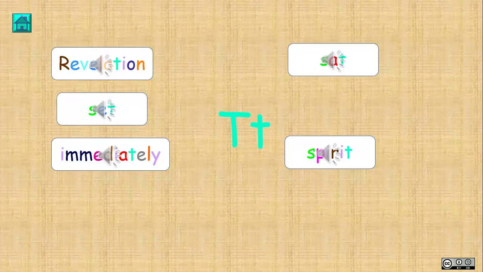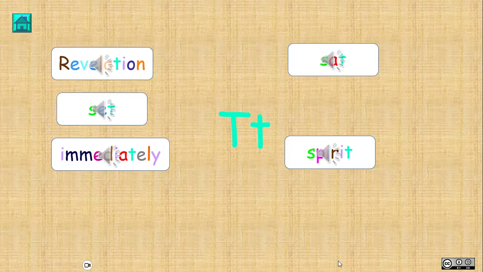When you're talking quickly, it doesn't really sound like it. If you slow it way down, Revelation, you can see how it sounds that way. So that's why this is on this page.